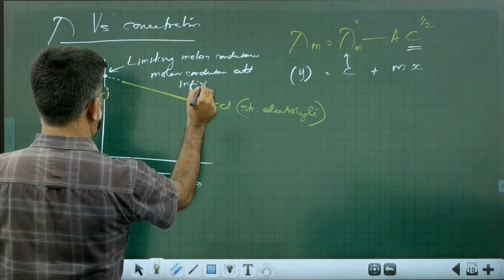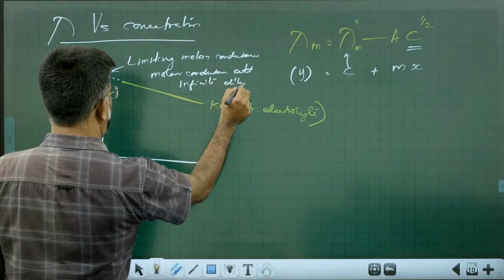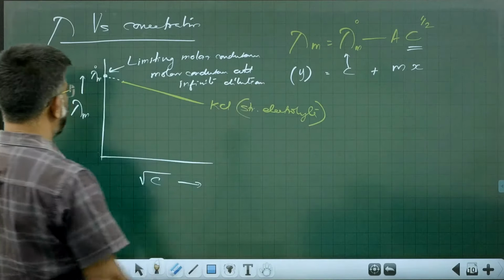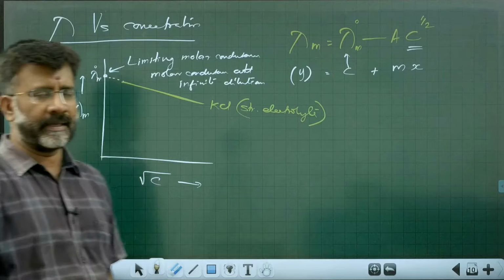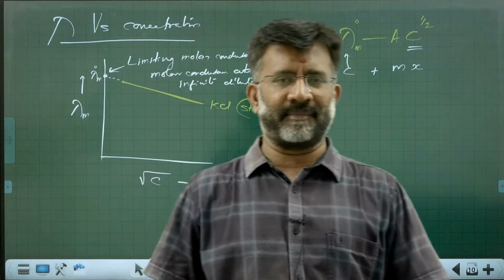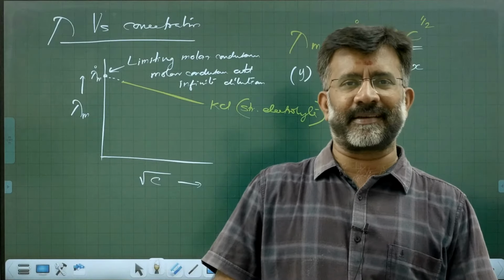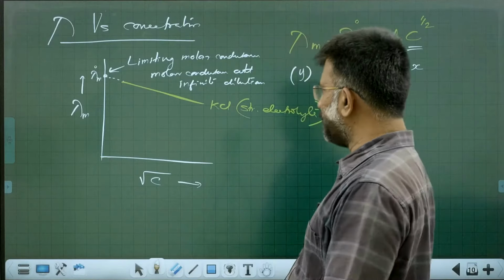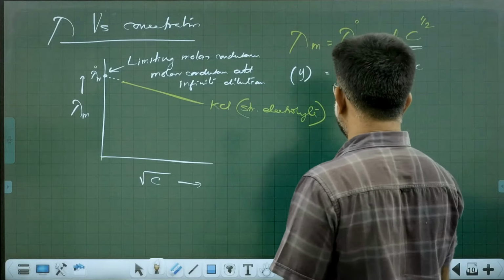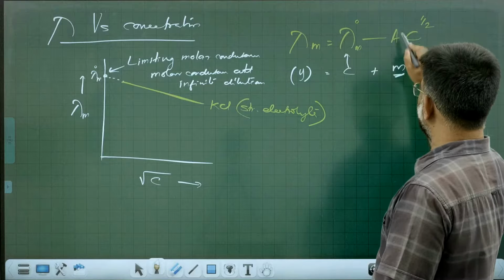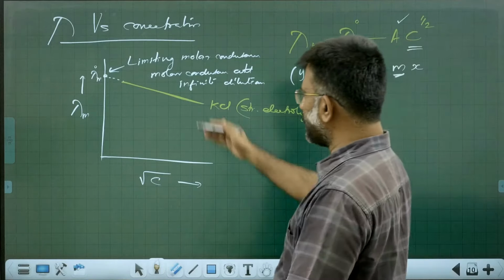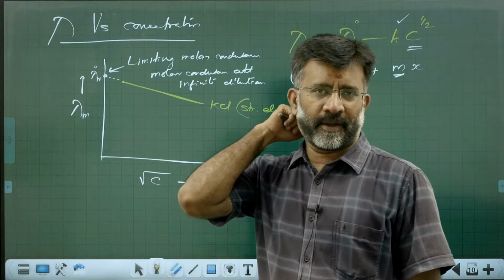That is the limiting molar conductance, lambda naught, which comes as the y-intercept in this graph. What is the slope of the graph? The slope of the graph is equal to a constant A.